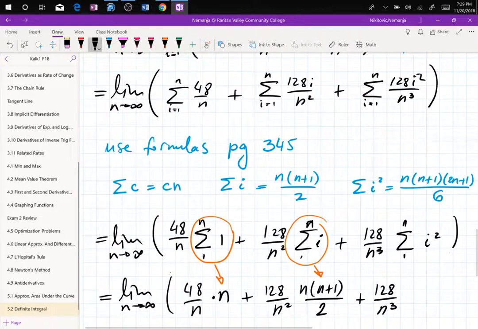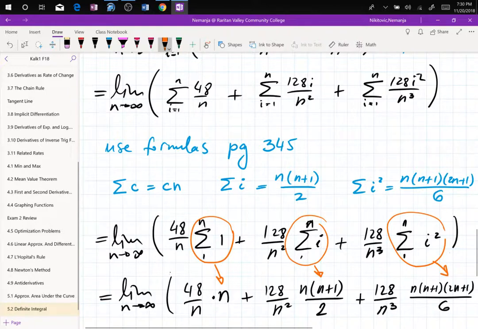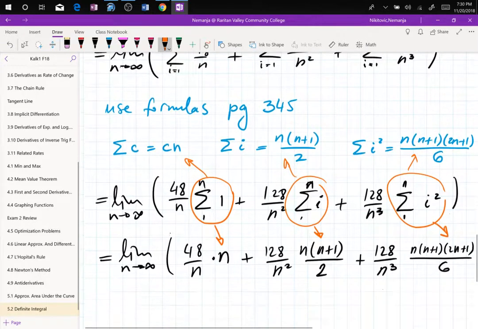And now this one becomes the long one, which is n plus 1, 2n plus 1 over 6. Orange, that stuff is there. I'll point also to the formulas this way, so it's clear what we are using to do this transformation.